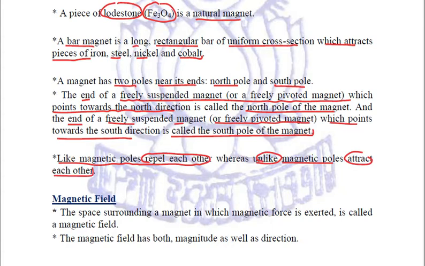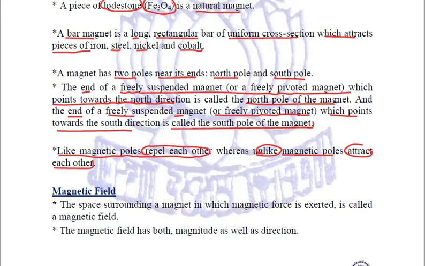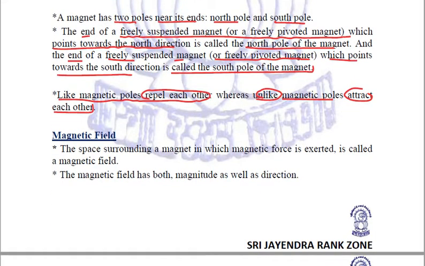Fine. Now when we talk about a magnetic field, what exactly is meant by a magnetic field? It is the space surrounding a magnet in which the magnetic force is exerted. That space around a magnet is called its magnetic field.